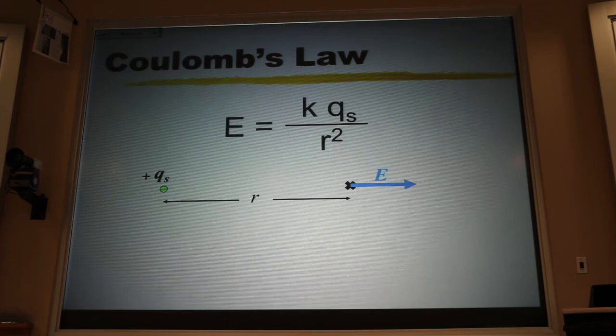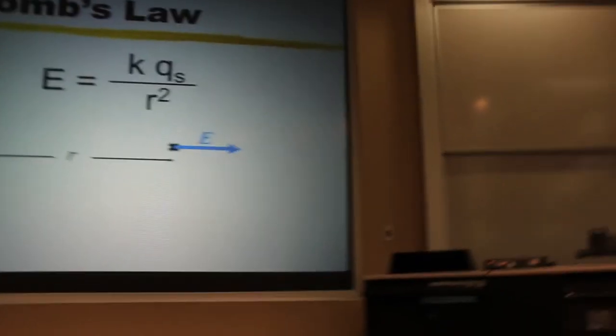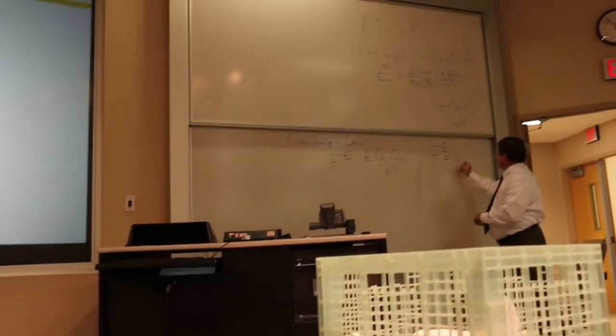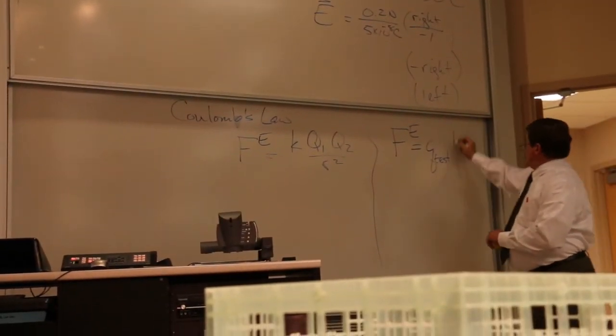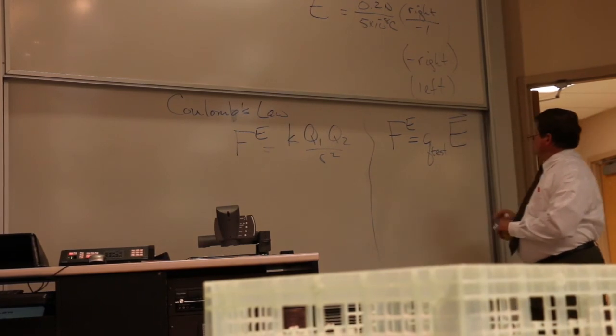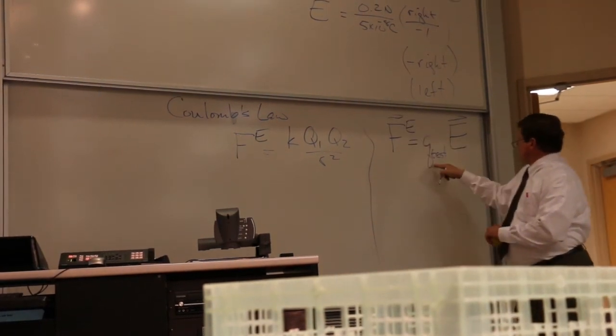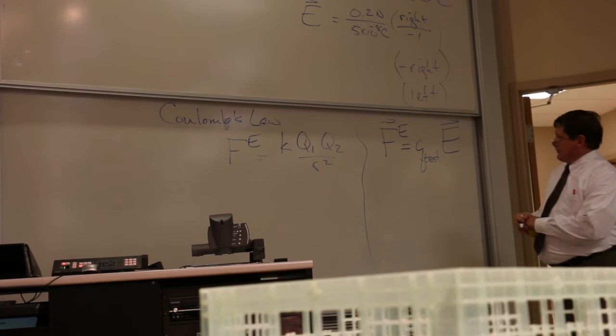I said the electric force was equal to K Q1 Q2 over R squared. Well, we just said that the electric field was defined by this formula. The electric force on this test charge was given by the electric field at the location of the test charge times the test charge.